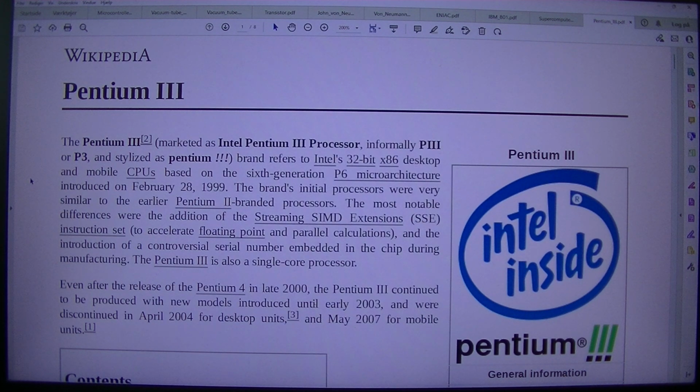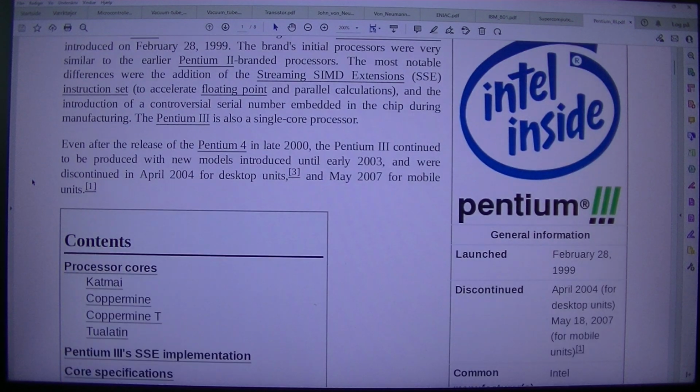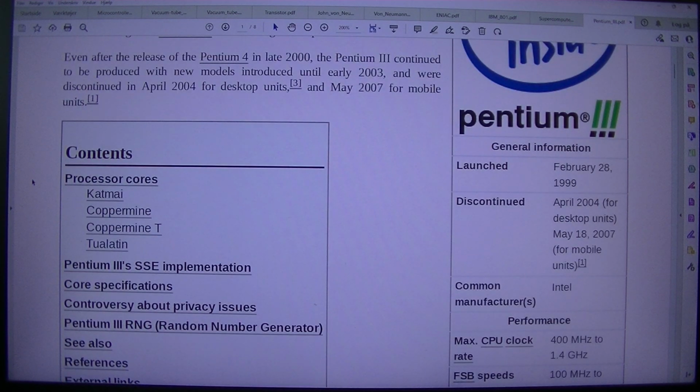Even after the release of the Pentium 4 in late 2000, the Pentium 3 continued to be produced, with new models introduced until early 2003, and were discontinued in April 2004 for desktop units and May 2007 for mobile units.